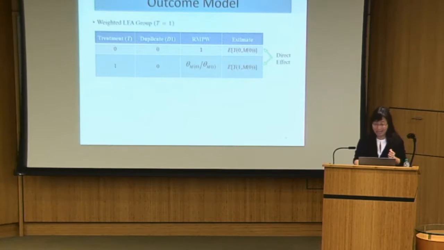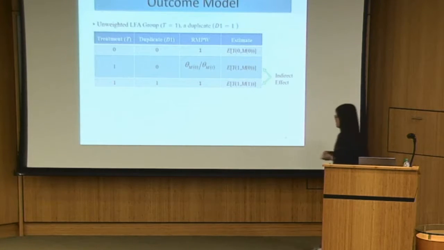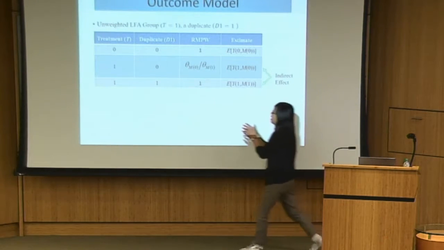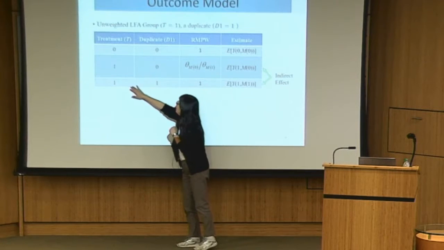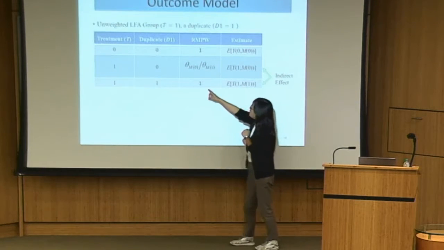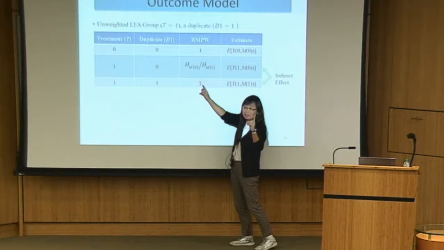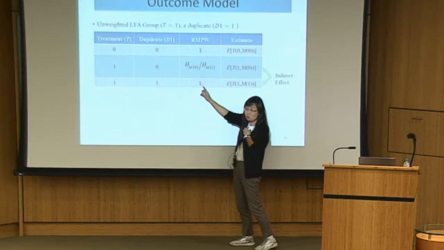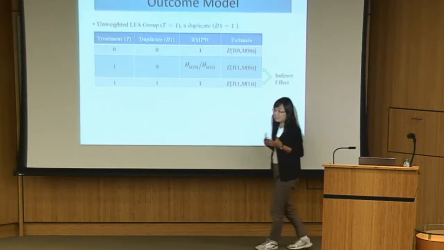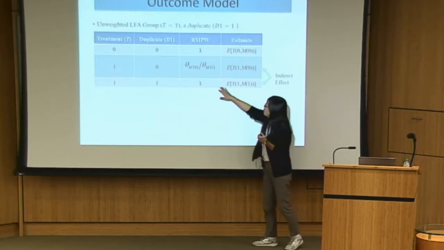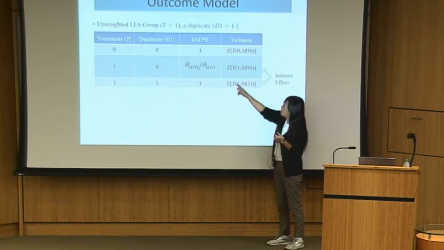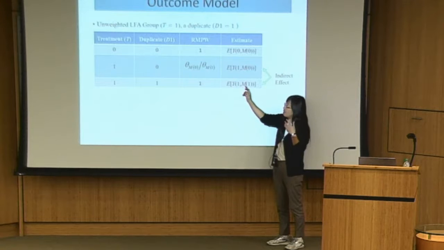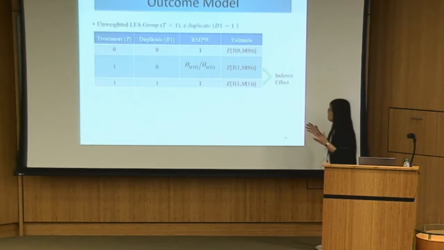And you can just work out these two mean contrasts and say, wow, I got a direct effect. And what about the indirect effect? Okay, so this is the middle column I had, which has the treated group, but in this case, unweighted. When it's unweighted, everybody has a weight equal to 1, right? You just represent the entirety of yourself. And that average identifies this one. It's the unweighted treated group. Their average outcome identifies the average outcome in the population when everybody is treated.